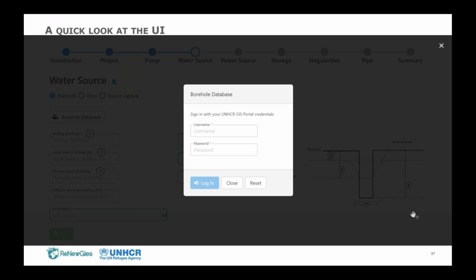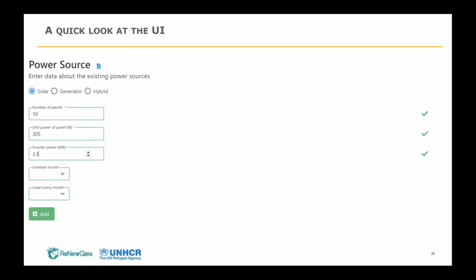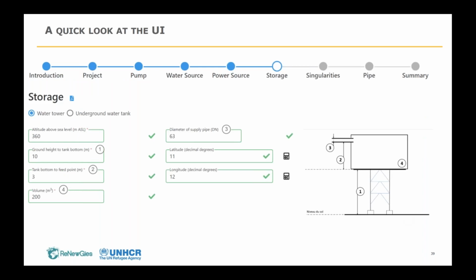The next slide will be about the power sources: will it be solar, generator, or hybrid? It is about the power that powers the pumps in the solar or hybrid networks. The next slide will be about the storage points, which were not present in the previous UNHCR databases, so we had to add that in order to complete the information.